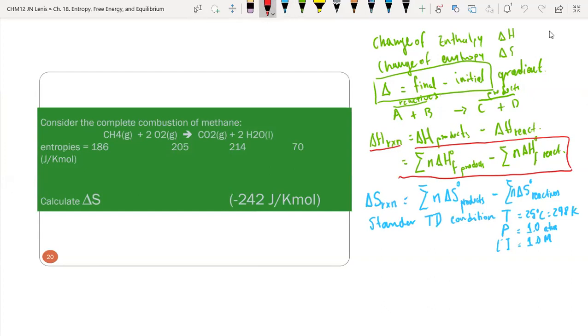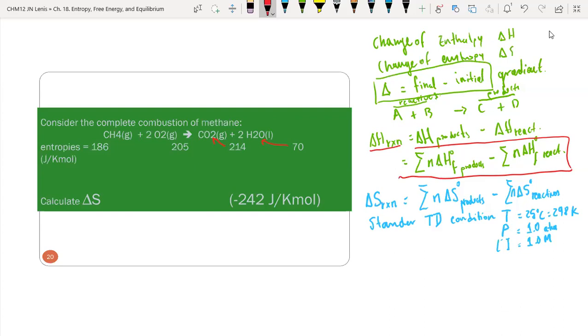I went to my data table and I found these entropies in joules per Kelvin mole: 186 for CH4, 205 for O2 gas, 214 for CO2 gas, and 70 for water liquid. Remember, you need to match the state of your substance.